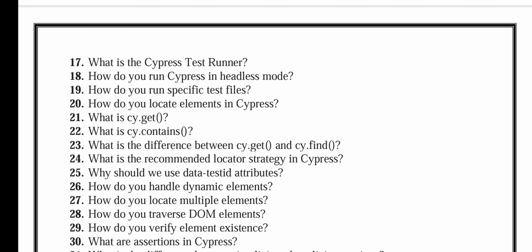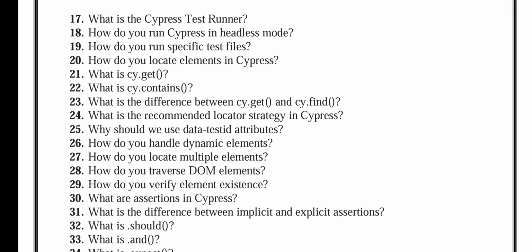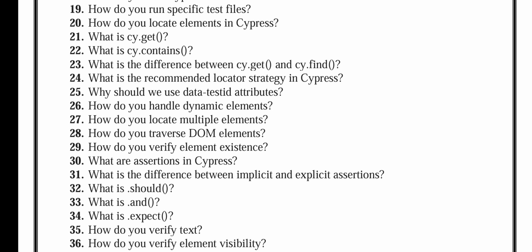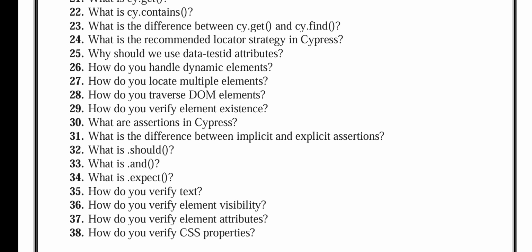How do you locate elements in Cypress? What is the cy.get method? What is the cy.contains method? And the difference between these two methods. And what is the recommended locator strategy in Cypress? Why should we use data-test-id attributes? How do you handle dynamic elements? How do you locate multiple elements? How do you traverse through DOM elements?